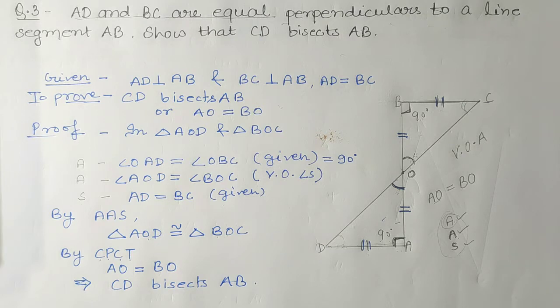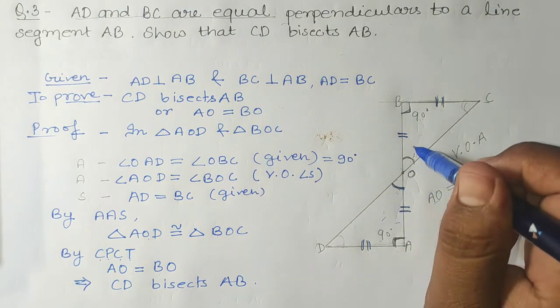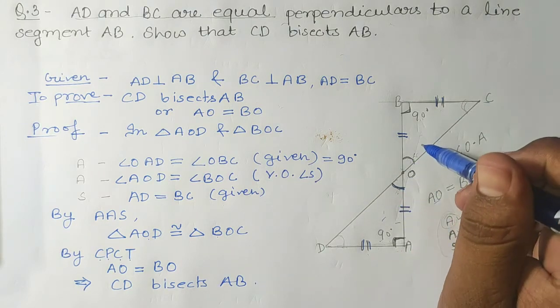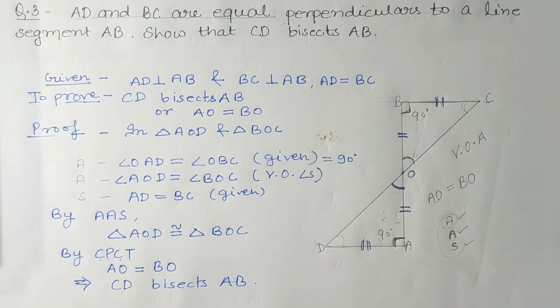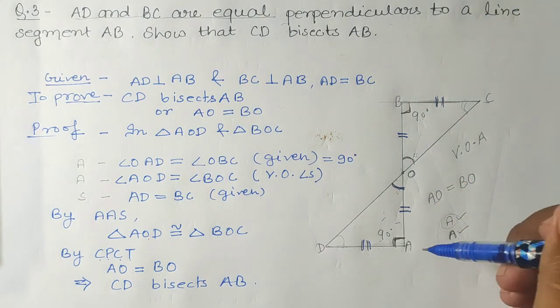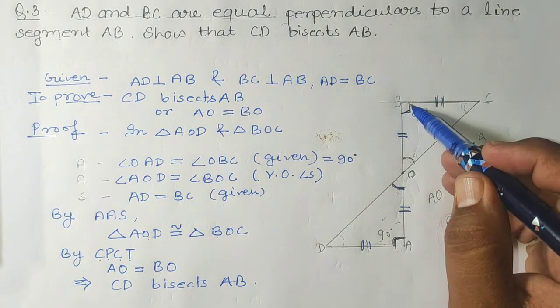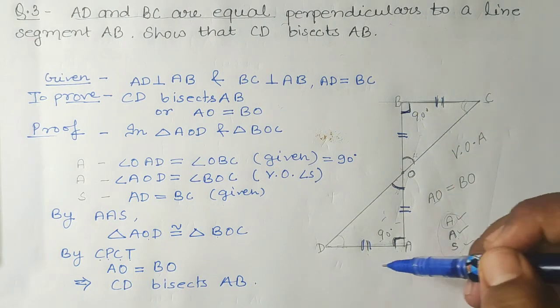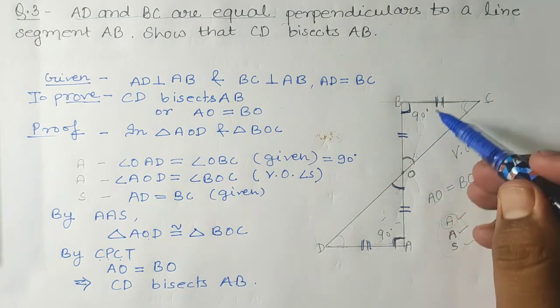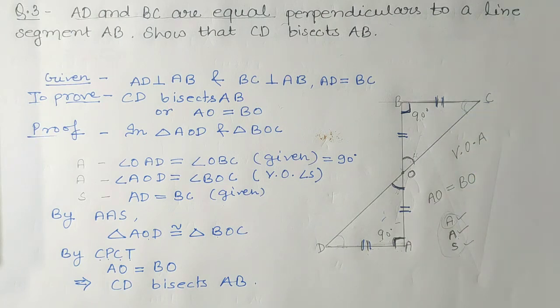Okay students, see what we have done here. Firstly we thought about how we are going to prove that these two triangles are congruent. We are having one angle equal here and one pair of corresponding sides equal. Then we have to think only about one more angle.